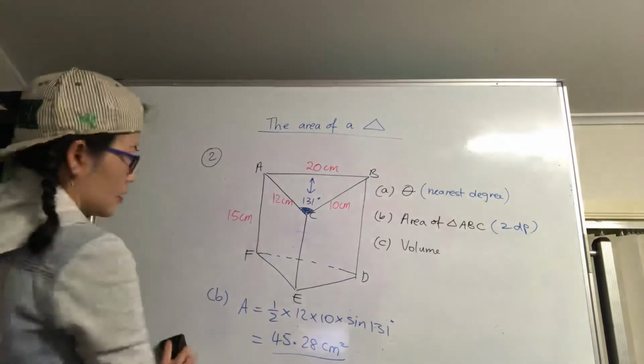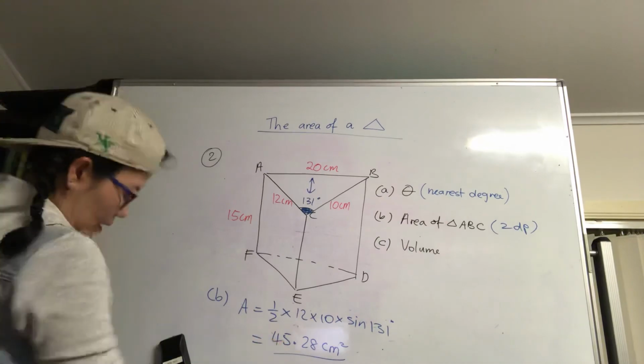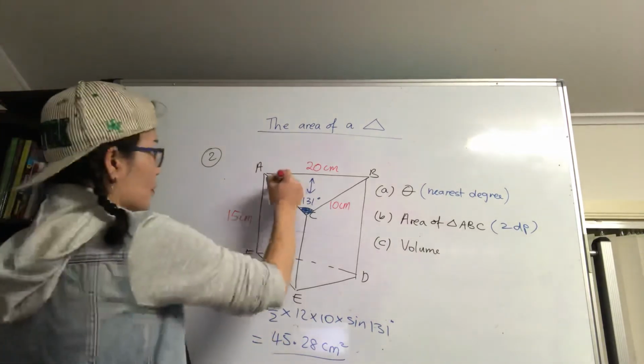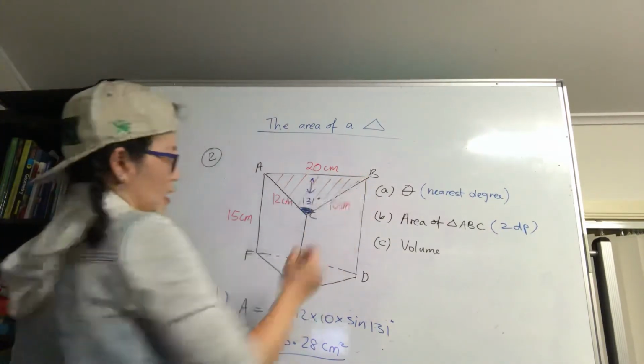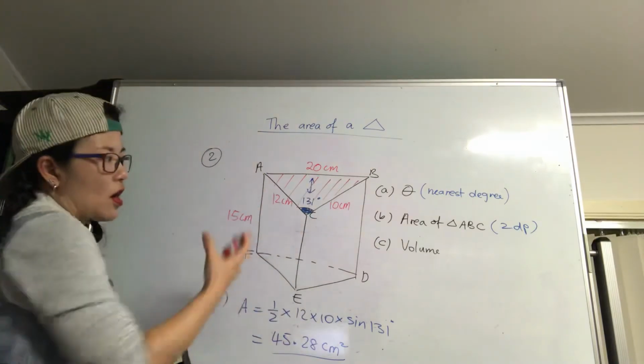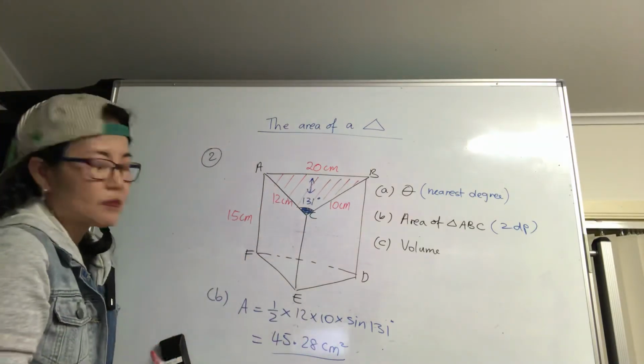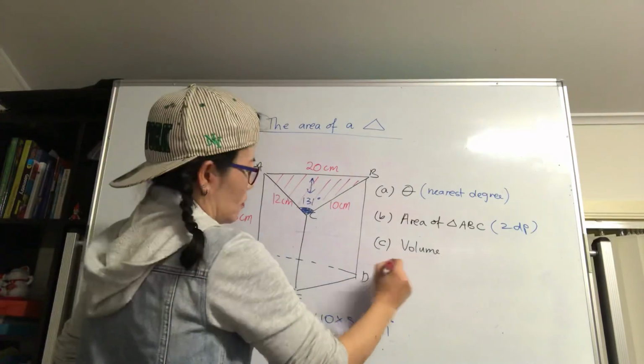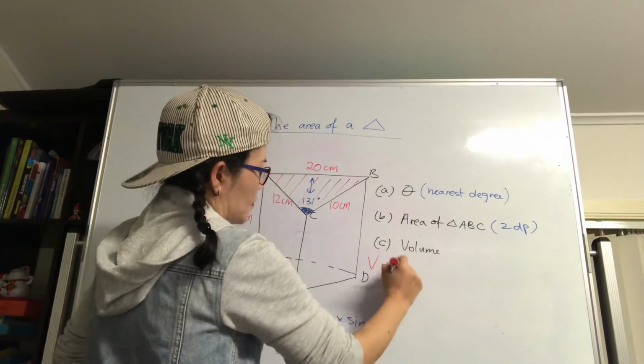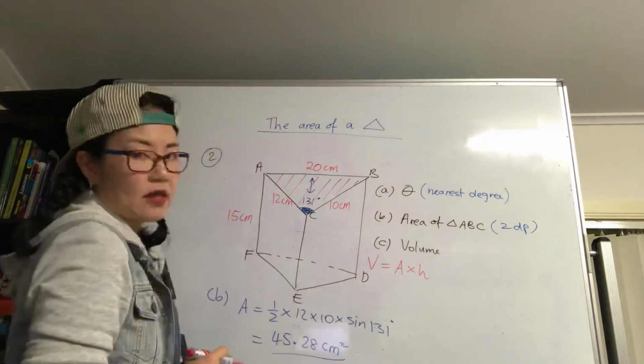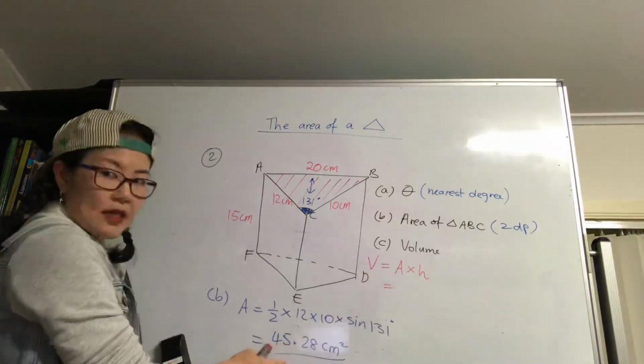Excellent. Now I've got the area of the base, because it's a regular triangular prism. So then what's the volume, guys? Area of the base times height, isn't it? So we've got the area from here, that's our base.